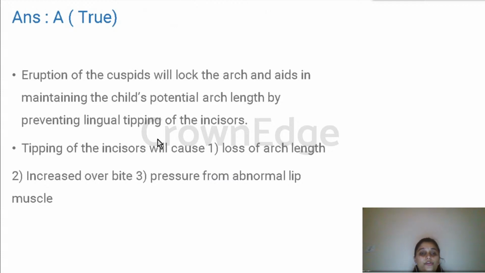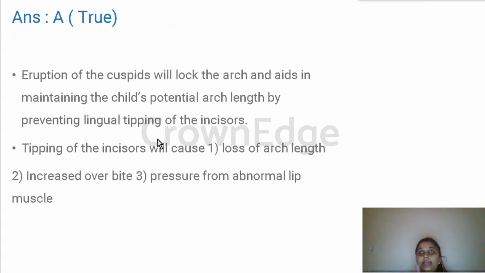For all those who said it is false, have you heard of something called intercanine width? Intercanine width is nothing but the width between the two canines. That plays a very important role because canines, as you know, are the cornerstone. The eruption of the canines or the cuspids will lock the arch and aid in maintaining the child's potential arch length by preventing the lingual tipping of incisors.